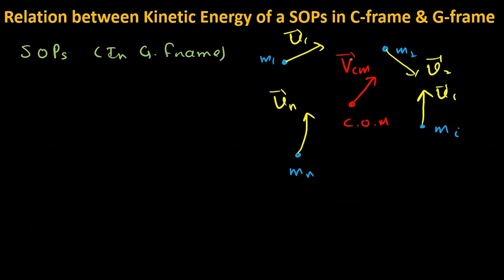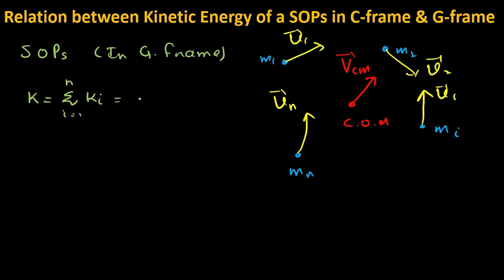So the total kinetic energy in the G frame is nothing but a simple sum of the individual kinetic energies. K is equal to the sum of all the individual kinetic energies. I just want to write the kinetic energy Ki of the ith particle, and all these energies will be added from i equal to 1 to n.